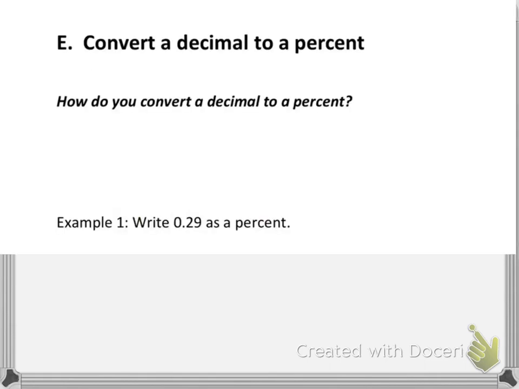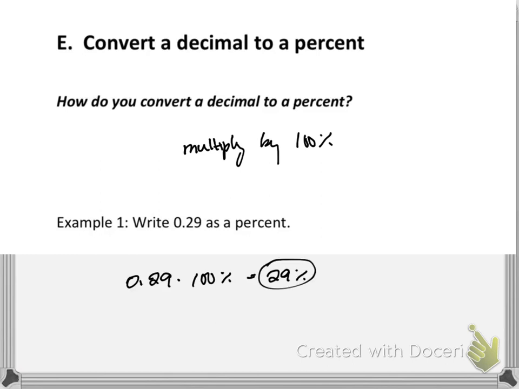Okay, the last thing is converting a decimal to a percent. Okay, and that's literally just, I guess I should write it up here. We just multiply by 100%. That's it. Okay, so 0.29 times 100% is 29%.